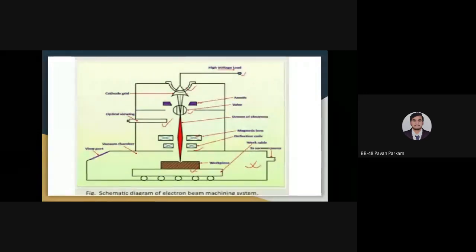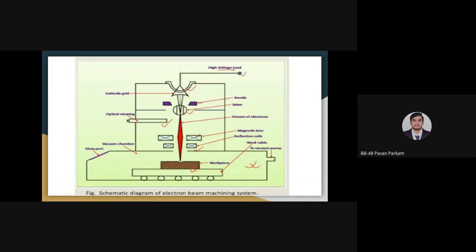Because of the repulsion force from your cathode. Electrons are negatively charged, and this cathode is connected to the negative terminal of the power supply. So due to that, your electrons are negatively charged.